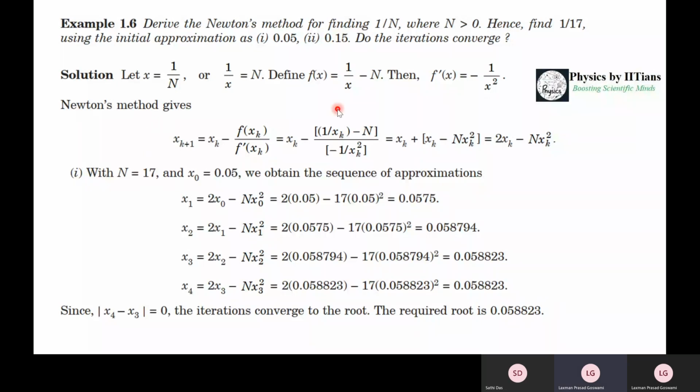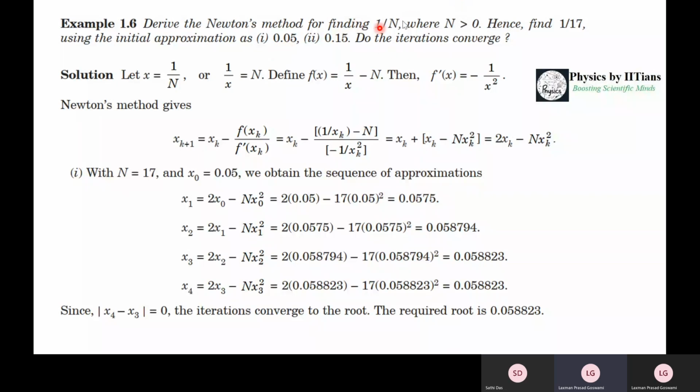So our generalized Newton-Raphson method will be x_{k+1} equals x_k minus f(x_k) divided by f dash (x_k). We know f(x), that is 1 by x minus n, and f dash (x), that is minus 1 by x square. So our generalized equation will be x_{k+1} equals 2x_k minus n times x_k square. We start with x naught equals 0.05, and suppose n is 17.